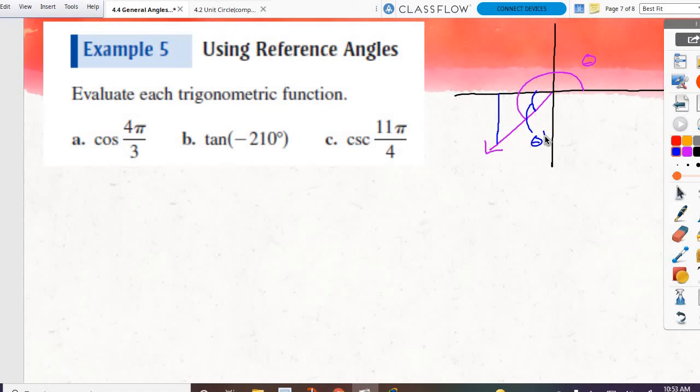Agreed? Yes? Okay. But also notice, if this is theta prime, what type of angle is theta prime? An acute angle. So we could draw the same triangle, right? With that there. Agreed? And just because my triangle's flipped, are all of my sides still going to be the same length? Yes.